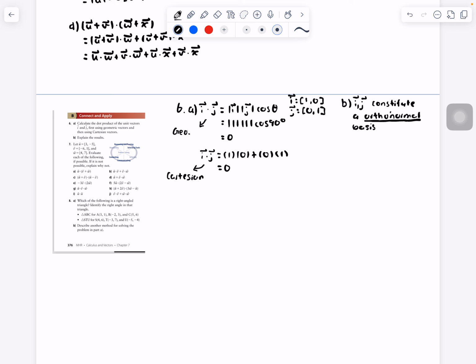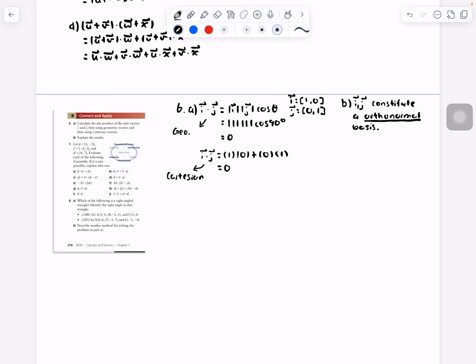And normal just means they're of unit length, each of the vectors i and j. So i and j together as a set form an orthonormal basis. That's just a fancy way of saying that any vector in the Cartesian plane can be made from i and j, which themselves are orthonormal. That's what basis means. Okay, good.